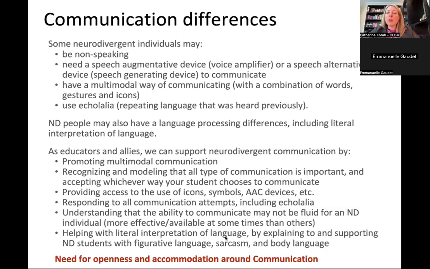And we need to help with the literal interpretation of language, being careful that when we're communicating with them we use something very concrete and explicit, using visuals to help, and being careful about figurative language and sarcasm, and also being attuned to our body language. Many times neurodiverse populations will pick up on our body language much more than our verbal communication. And so there's a need for openness and accommodations around communication.